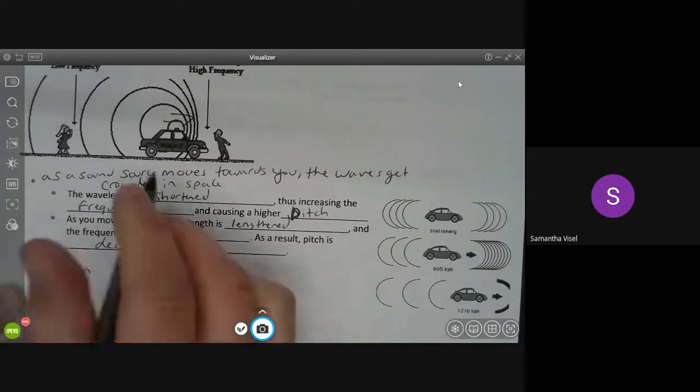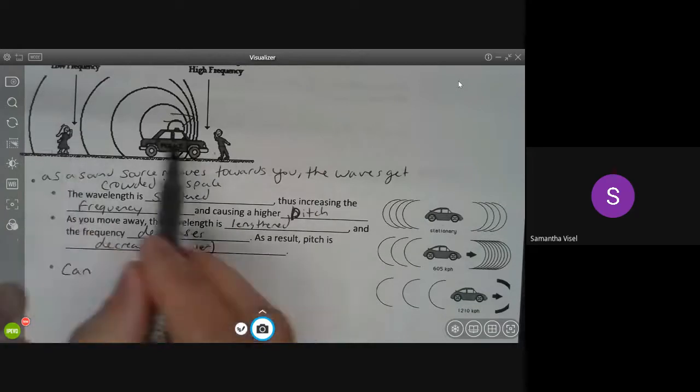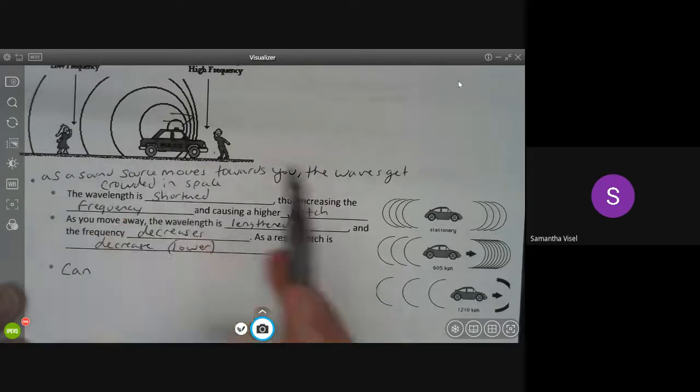Now, we generally describe the Doppler effect with the observer stationary and the sound source moving.